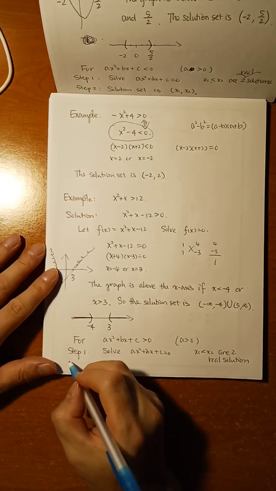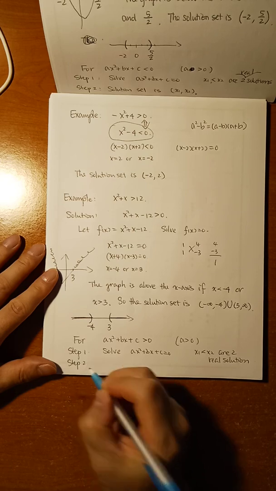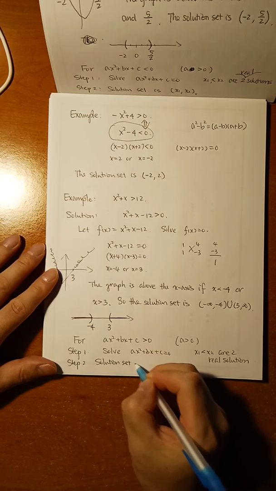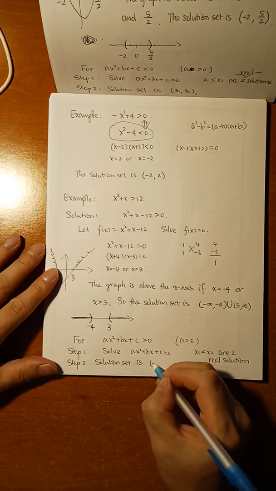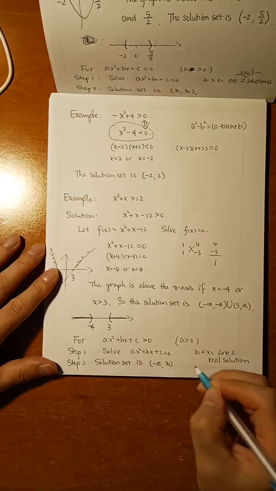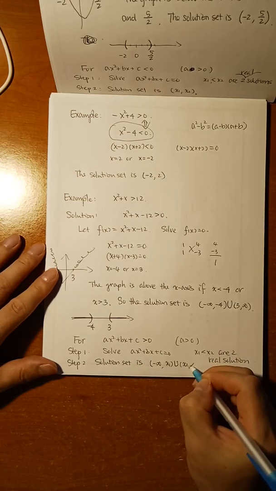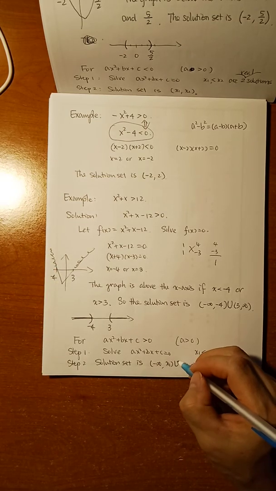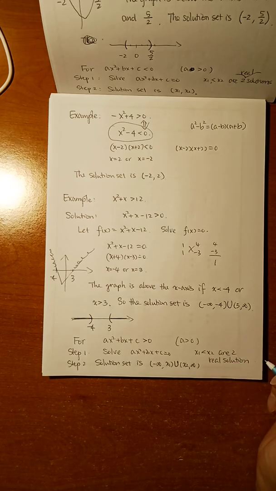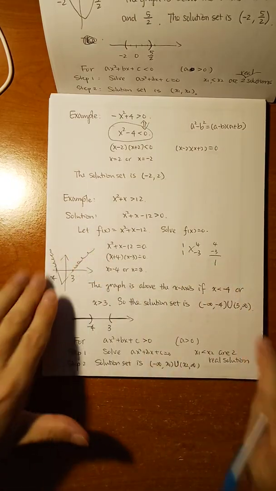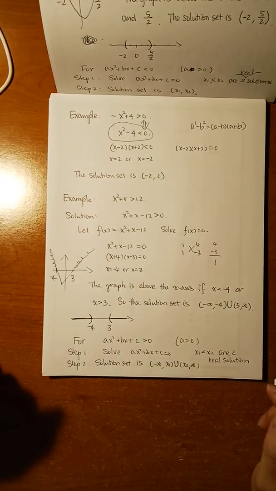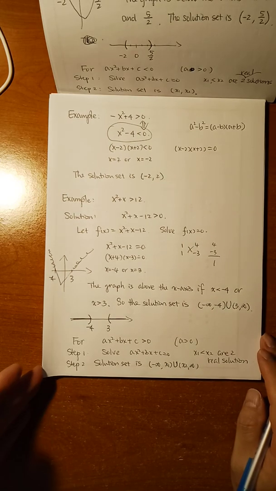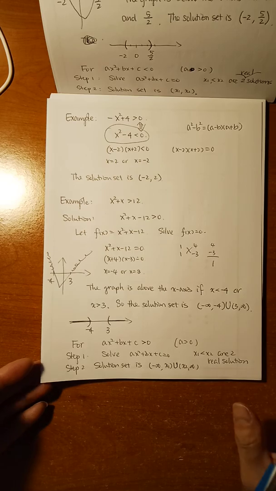Then step 2, the solution set is either less than the smaller value or greater than the larger solution. Either the left part or the right part. All right, so this is almost complete.